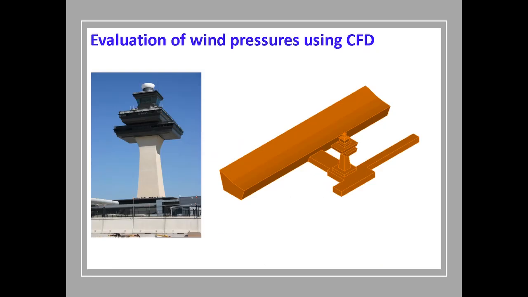Basic principles of computational fluid dynamics as implemented in the finite element method were employed to evaluate the distribution of wind pressures on radome structures that are located on top of airport control towers to protect radar equipment. For this purpose, the finite element method was used to simulate a boundary layer that includes the radome as located on top of the control tower.